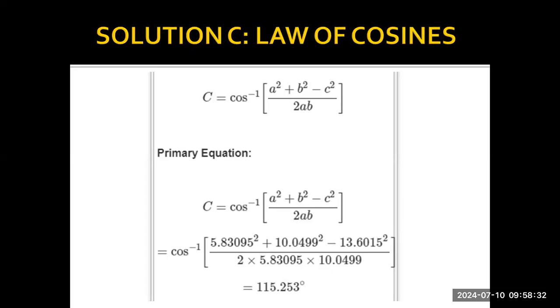And to find the measure of the obtuse angle, let us use this formula. C equals the inverse cosine of this expression. This is actually derived from the formula c squared equals a squared plus b squared minus 2ab cosine C, right?